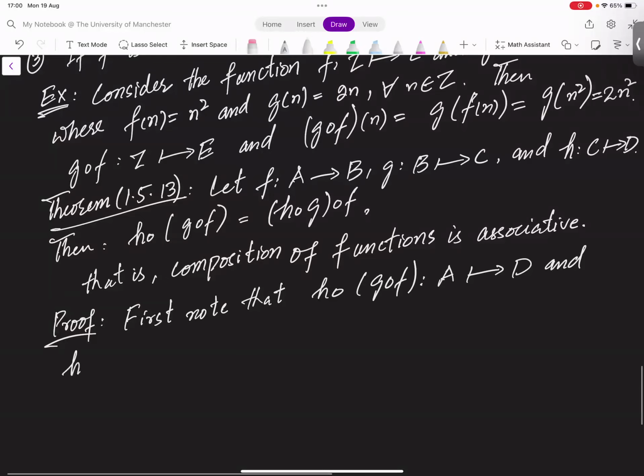And H compose G compose F is a function from A into D also.